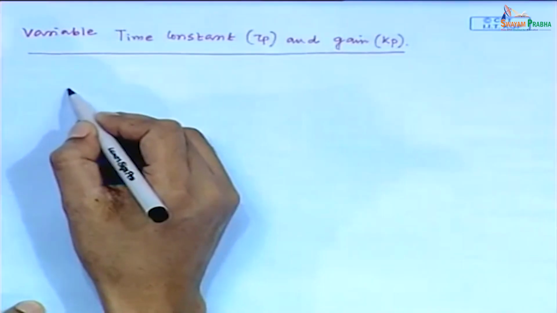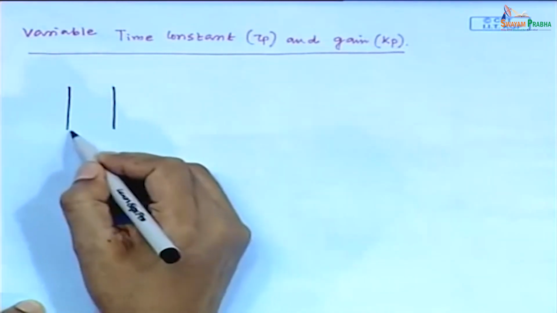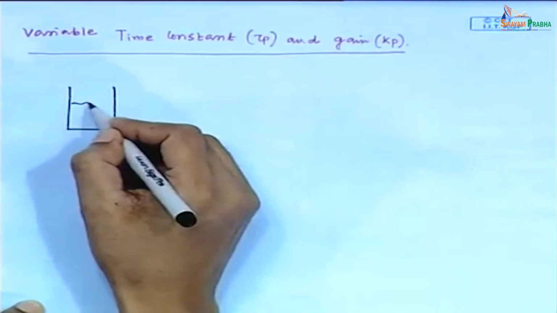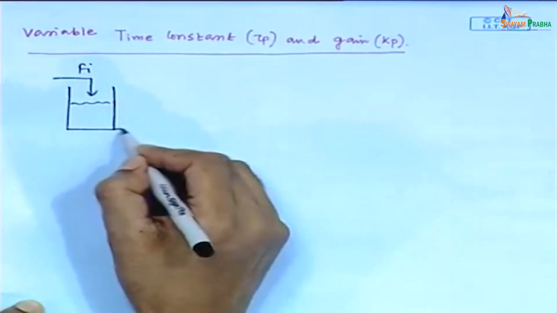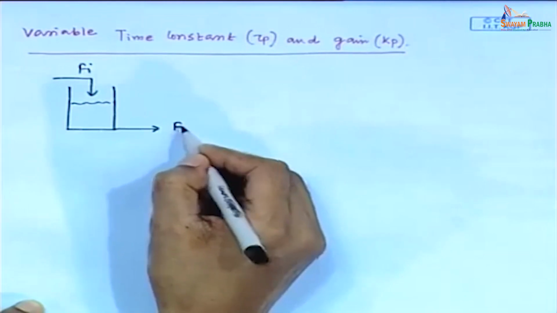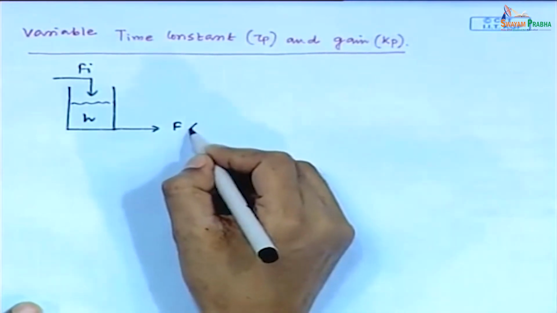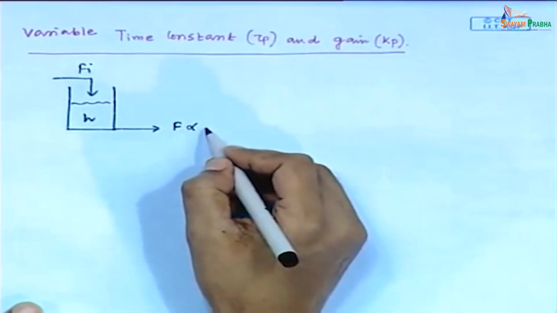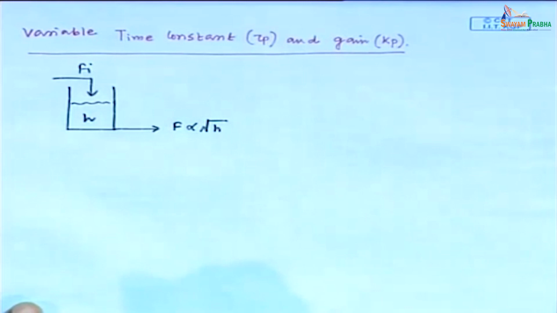We will consider one simple liquid tank system. Input flow rate is Fi and output flow rate is F. Suppose F is proportional to square root of liquid height.